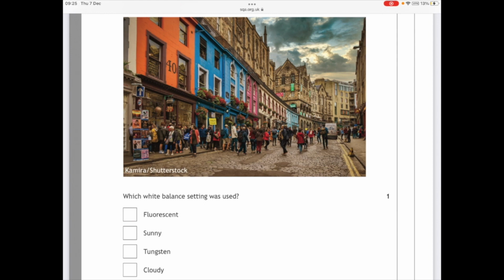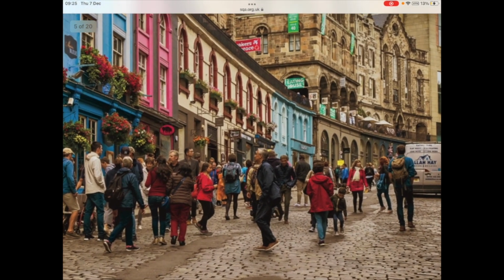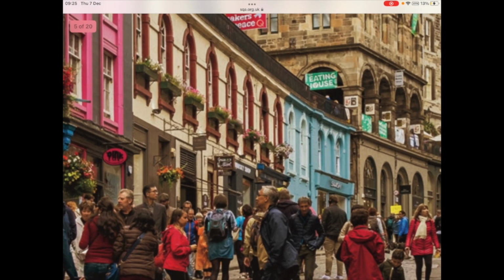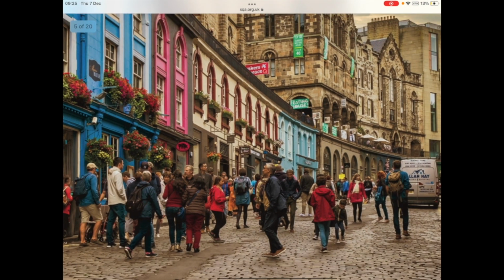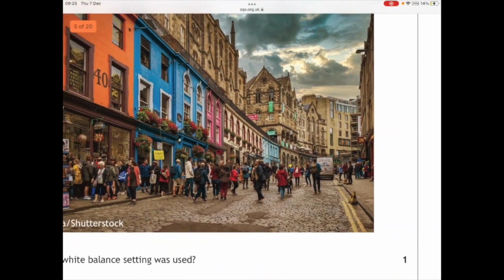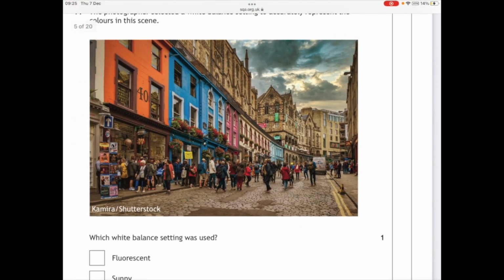Okay, now remember, because there's blue and orange colours within the image, that does not mean that it's a colour cast. When you're looking at an image like this, you can see that the sign that says eating house is white. The fact that that is white shows you that there is no colour cast within the picture. So don't get confused with colour casts and colour itself.